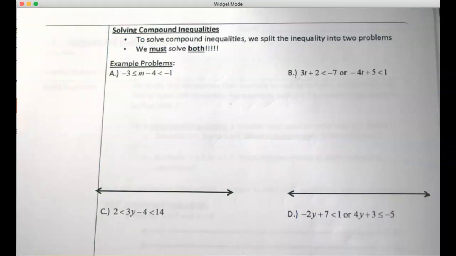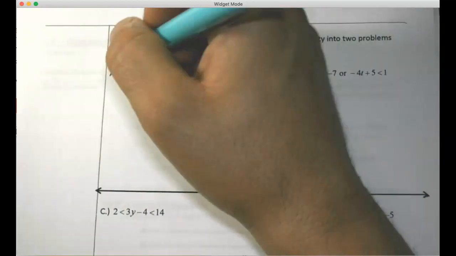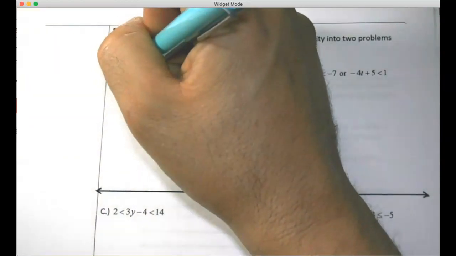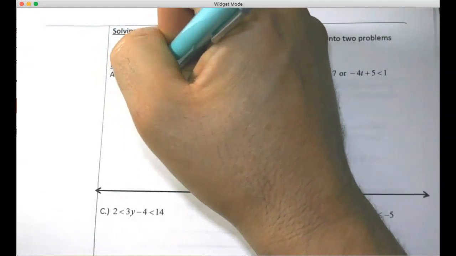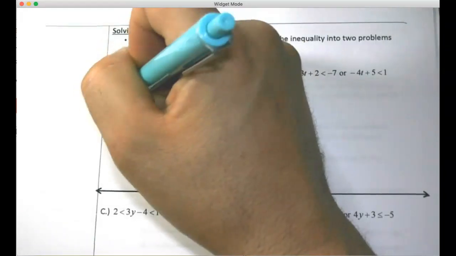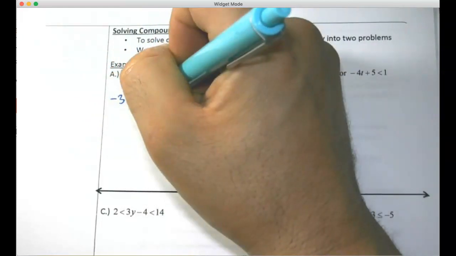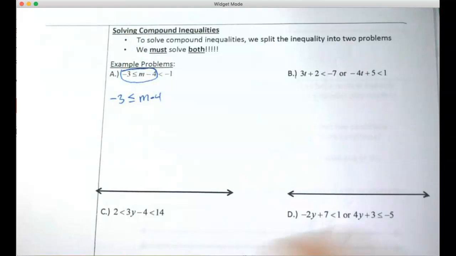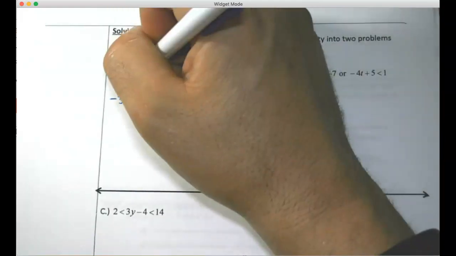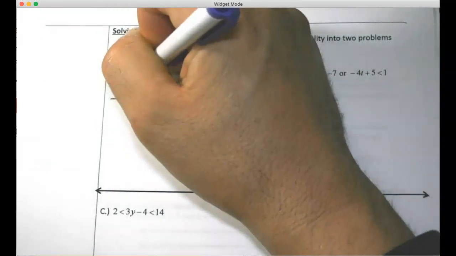Okay, guys. So moving right along to the next thing, compound inequalities. We have to get both inequalities and solve both, and then we'll graph also. Notice I'm splitting this one into two separate inequalities. The first one is -3 is less than or equal to m minus 4. The second one is going to be, again, take the middle with the left side.